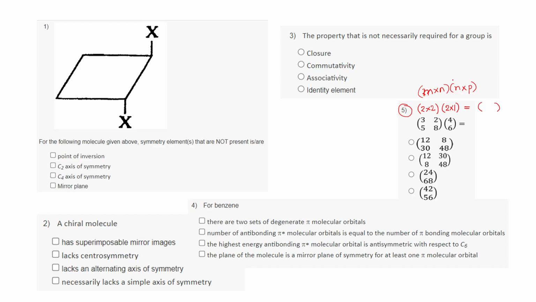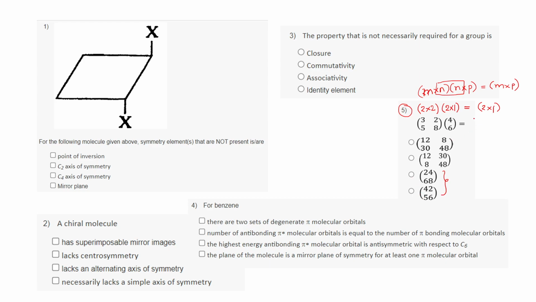The product of the two will be m by p, m cross p. So your resultant matrix will be m cross p. For this case, you will get a 2 cross 1, so your product matrix will have 2 rows and 1 column.